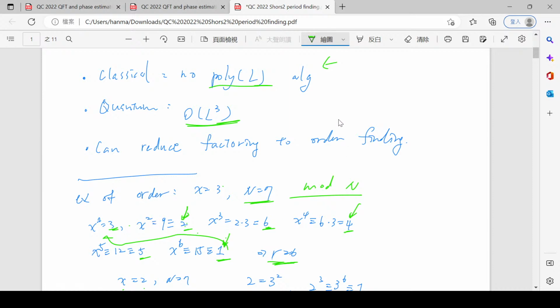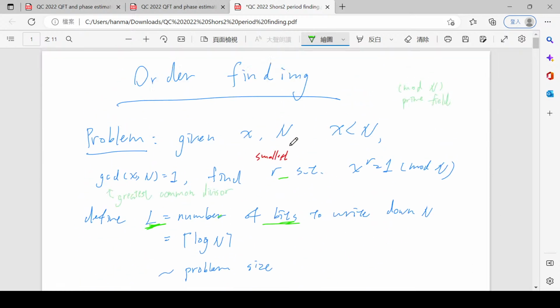Because the order can be as big as N, when we are unlucky the order can be like N minus 1, and then you need to do N minus 2 multiplications, so it is an order big N operation.